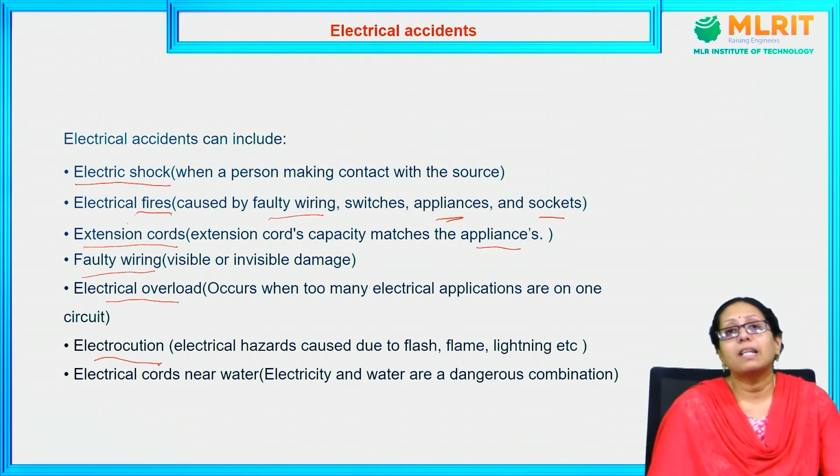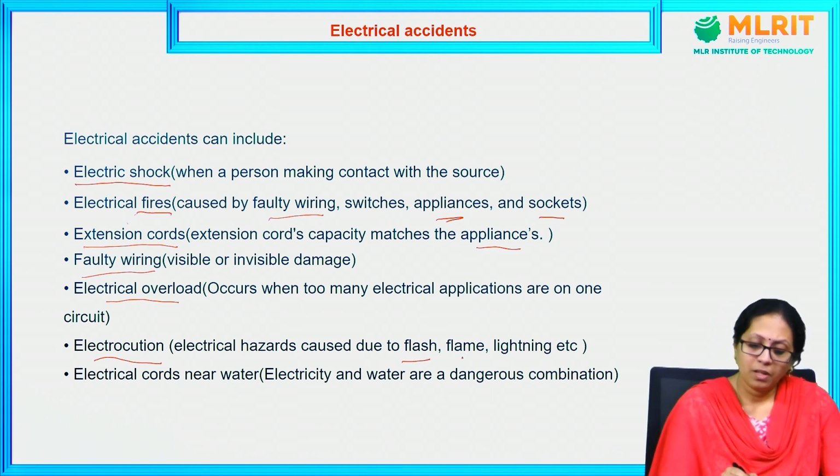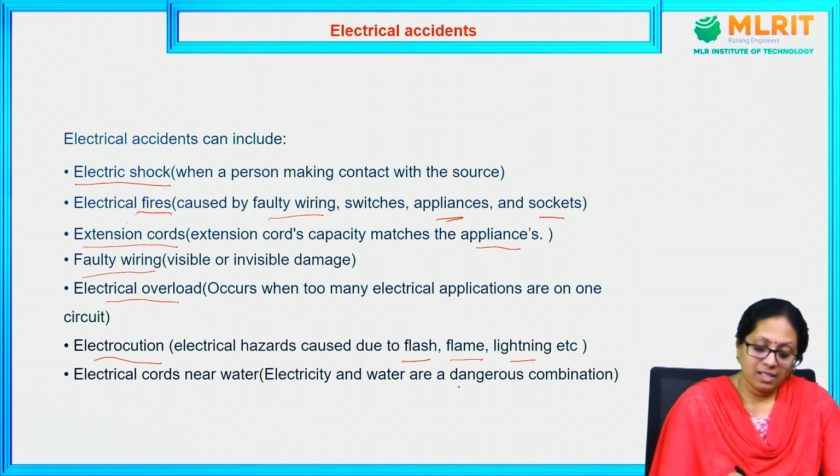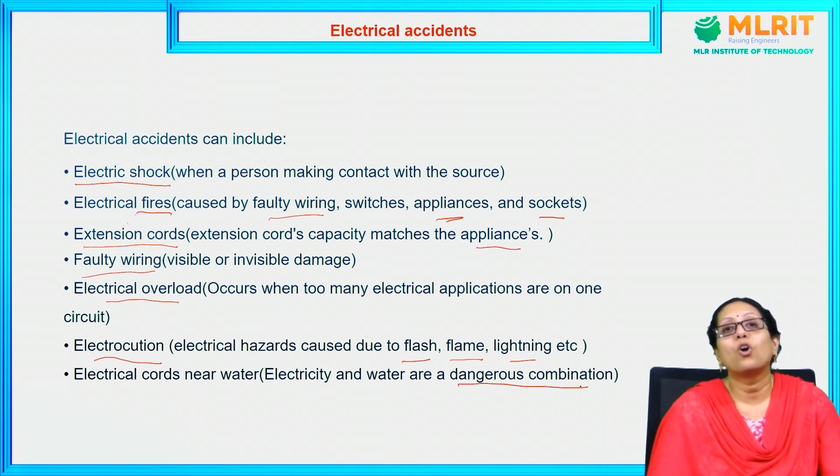Electrocution is an electrical hazard caused due to flash, flame or lightning. Next one is electrical cords near water. This is a dangerous combination. Electrical cords should always be kept very far from water as well as humidity.